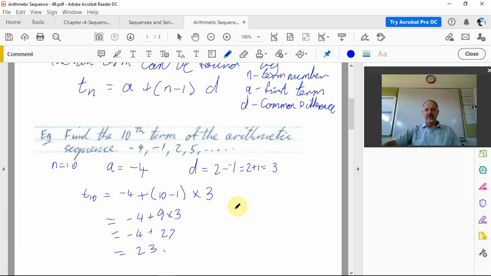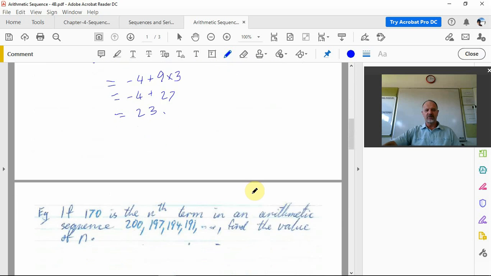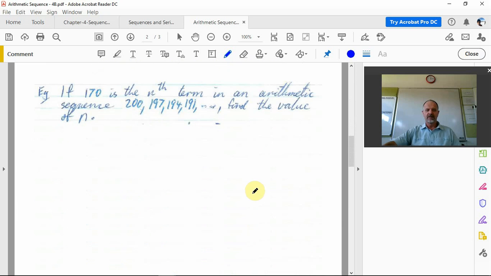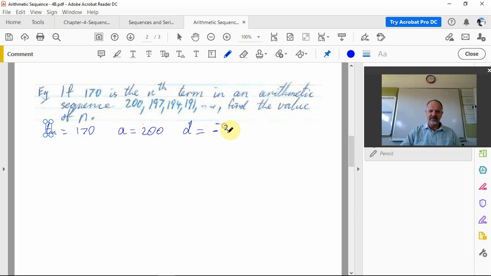All right, so that's one type of question you could get. Another type of question is like this. If 170 is the nth term, so term n equals 170. The sequence is this here, so the first term is 200. To go from 200 to 197 to 194 to 191, we're taking 3 each time.